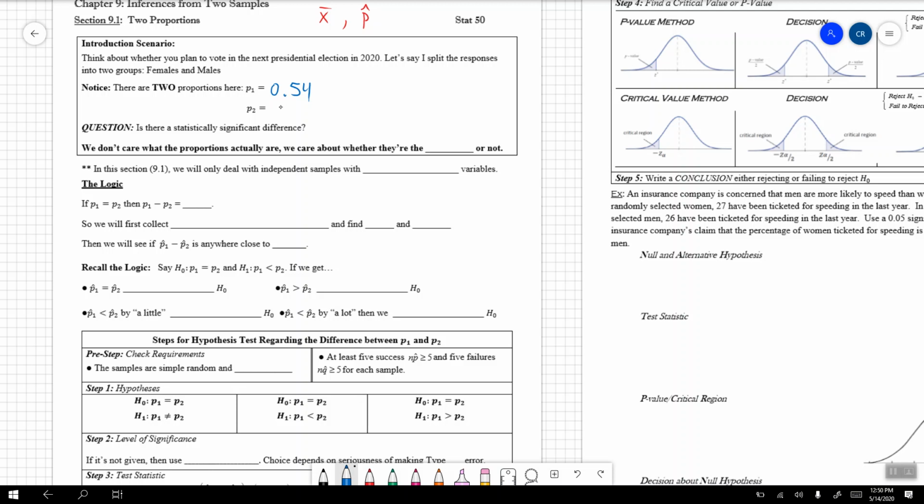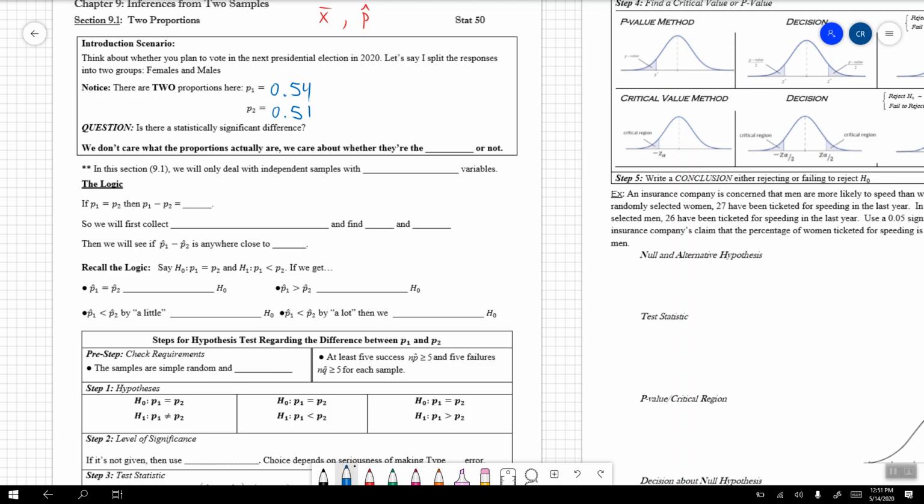So I could get something like, let's say, 0.51. All right, and again, this is just saying that 51% of the males are going to vote in the next presidential election. The first one, proportion 1, says that 54% of the females are going to vote in the next presidential election.